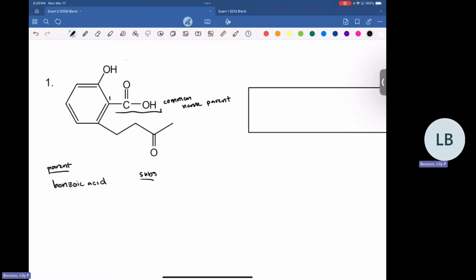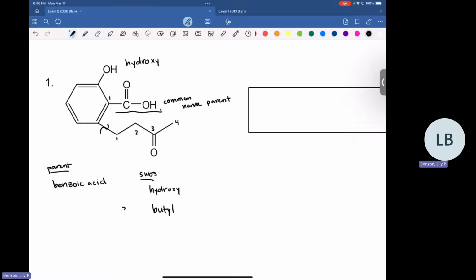We have a hydroxy, since that alcohol is a substituent now. And we have a 1, 2, 3, 4 carbon chain, so that would be a butyl. And whenever we have a ketone as a substituent, it's going to be the oxo name.